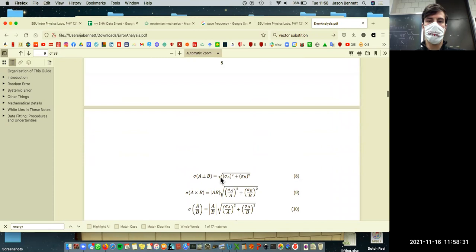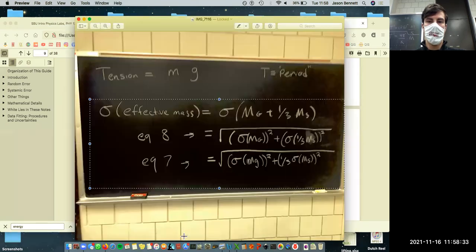Then I notice that I don't have the uncertainty of 1/3 mass of the spring. I just have the uncertainty of the mass of the spring. So I pull out the 1/3 like equation 7 says. So 1/3 is C, but I still have the square. So it's really like 1/9 uncertainty of the mass of the spring squared.